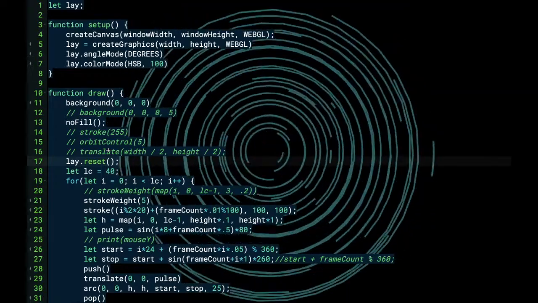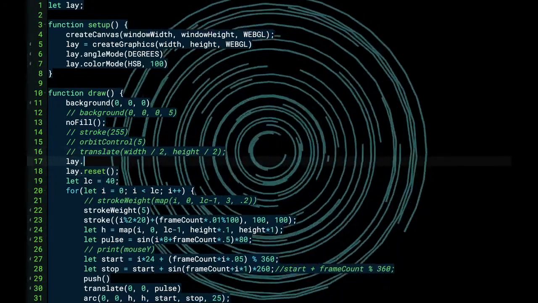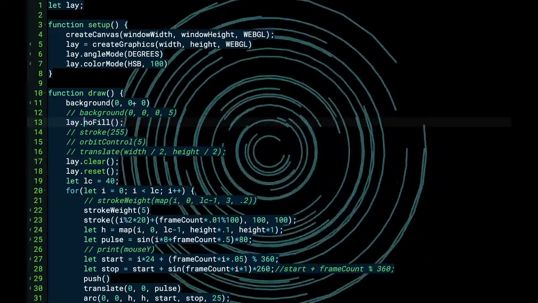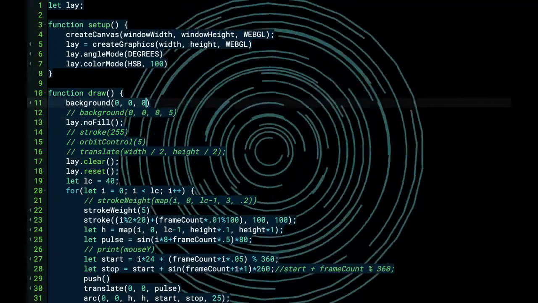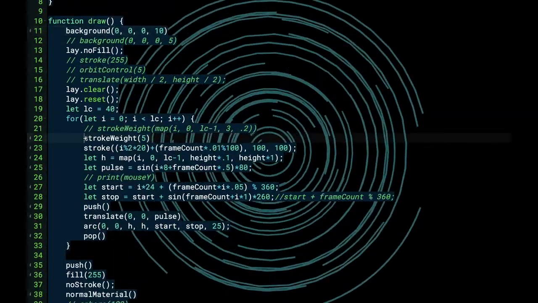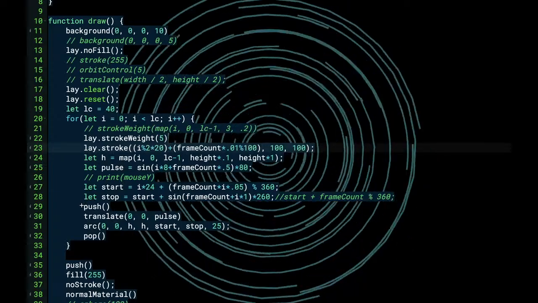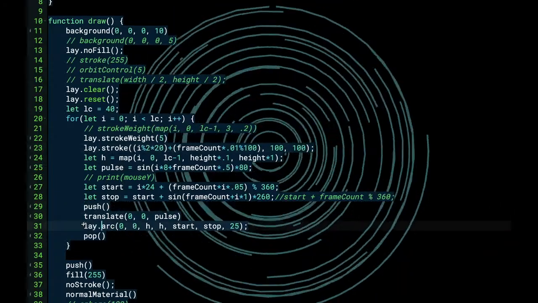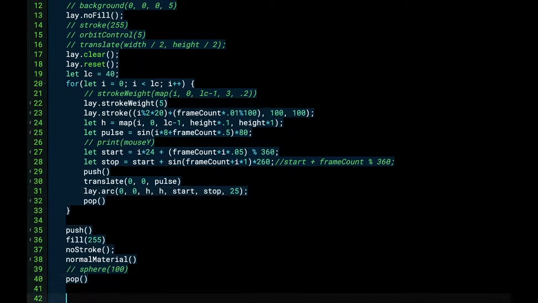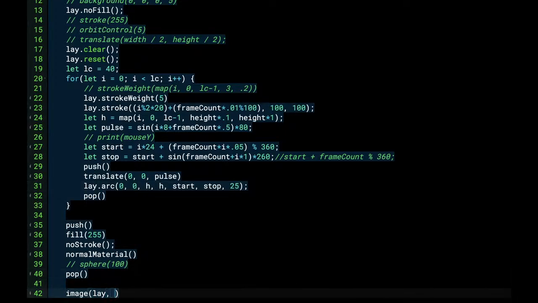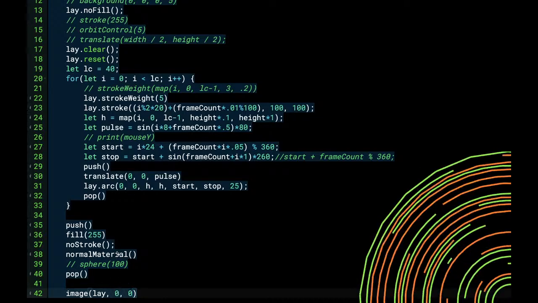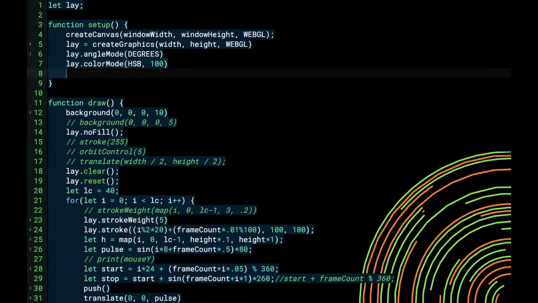This is going to get chaotic for a minute. Lay.clear. Lay has no fill. Background is clear, but we'll eventually want this fading quality. And then basically everything here just needs lay in front of it, except the push and pops. There we go. And then we have to show ourselves the layer. And maybe I will say image mode center.